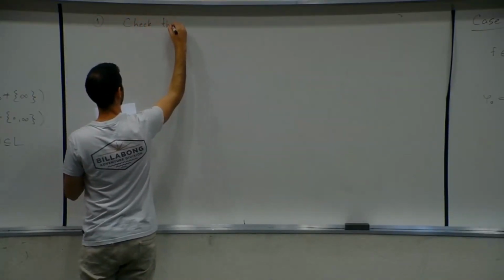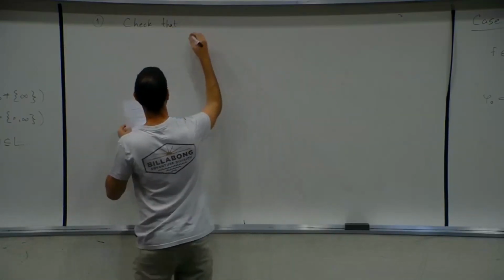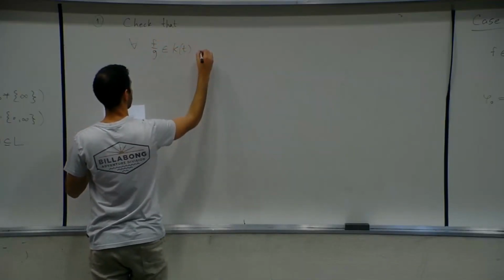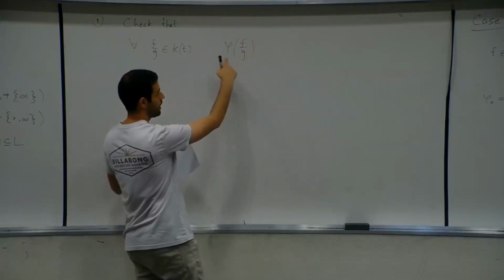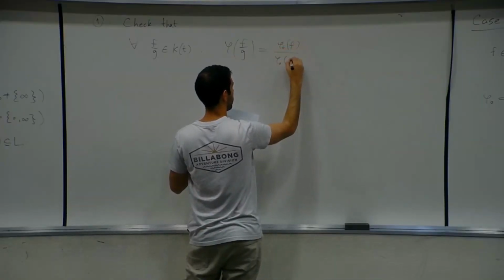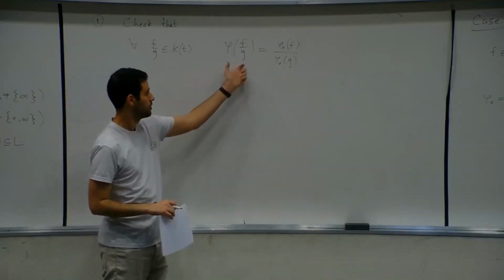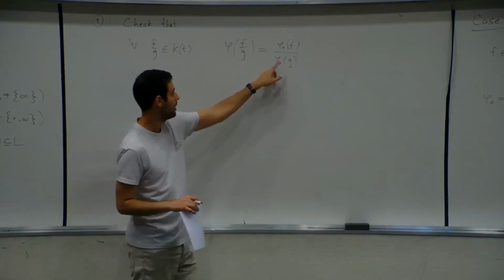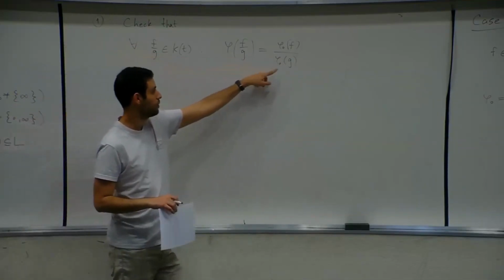Check that if the kernel is trivial, then for every element in the function field, the value of phi of this element is given by this expression. It is well defined since, if this is a rational function, then g is non-zero.